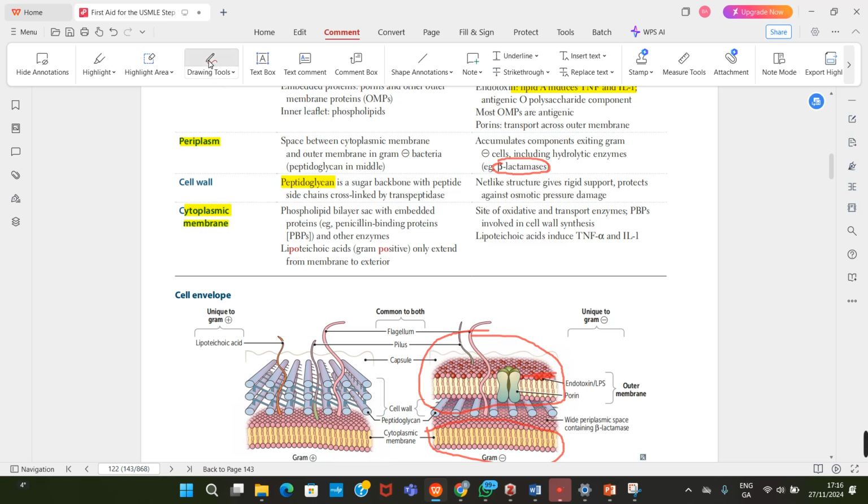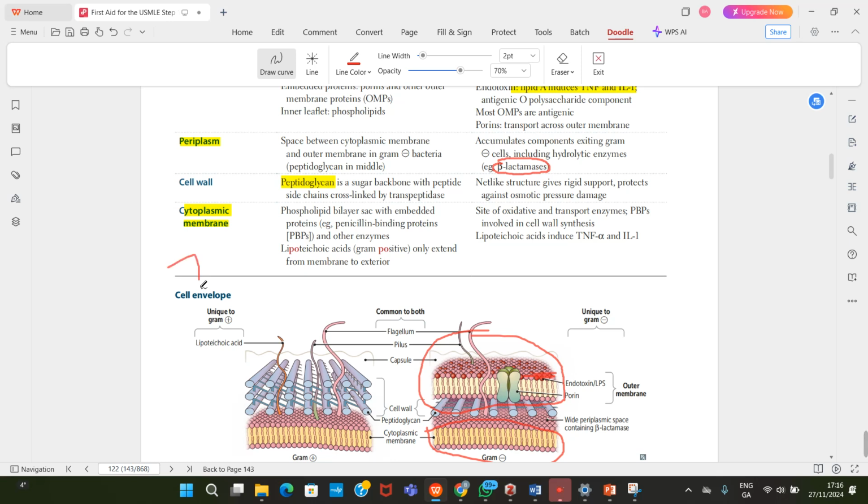If you have carbohydrate like this, carbohydrate like this, carbohydrate like this, the proteins are usually like side chains coming out, coming out, coming out. So they need to be cross-linked together. That is where the enzyme transpeptidase comes in. The transpeptidase helps in cross-linking of the peptide side chains of the peptidoglycan wall.